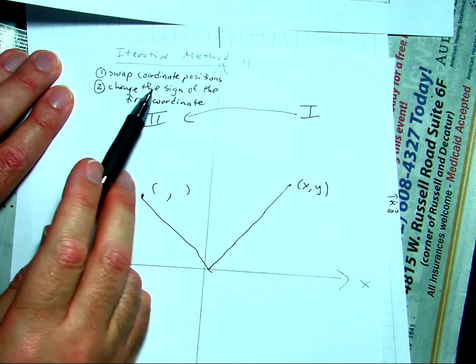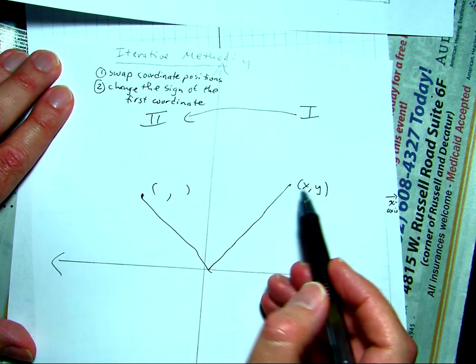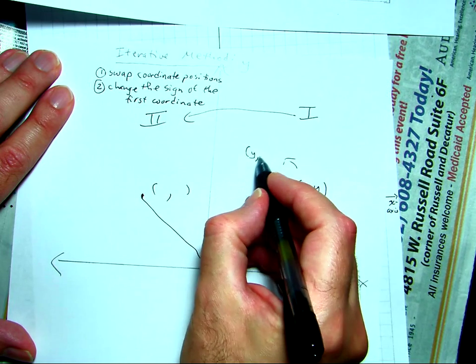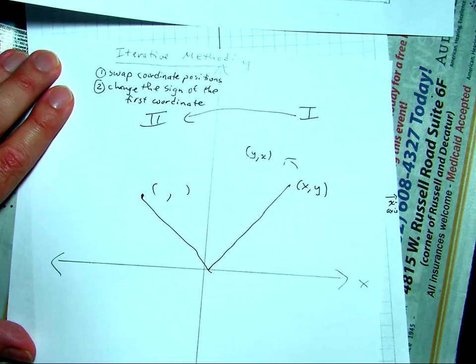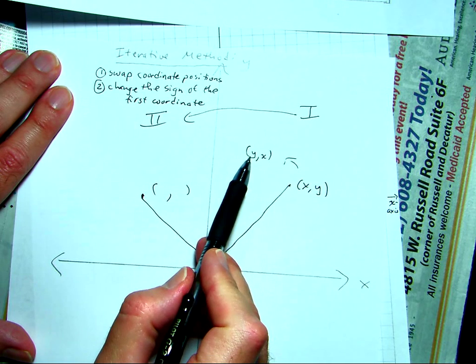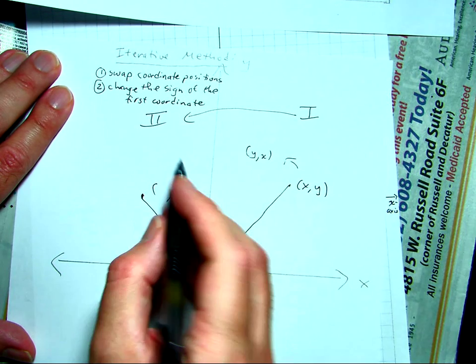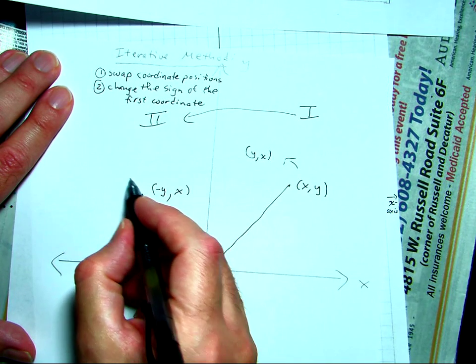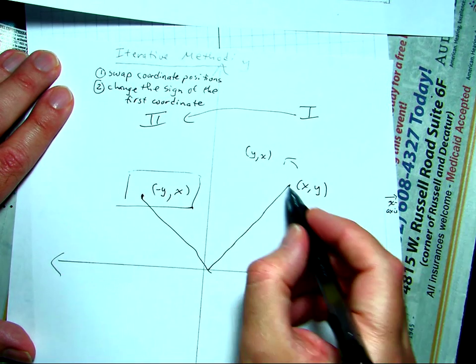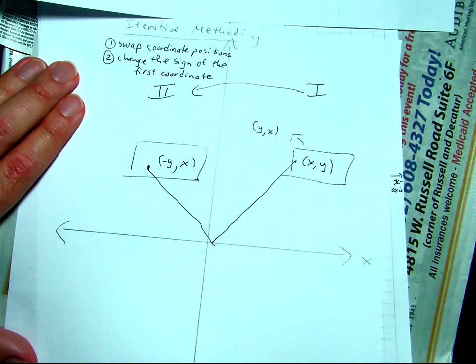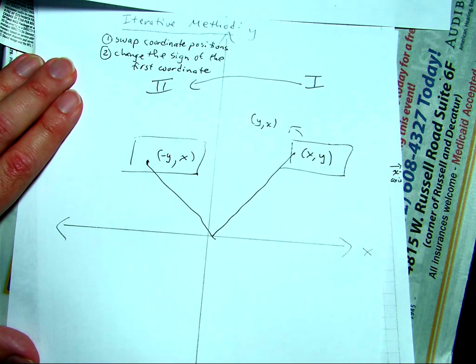First, you swap the coordinate positions, so that means x, y, an intermediate step, becomes y, x, right? We swap the coordinate positions, but that's not the answer yet. The second step is to change the sign of the first coordinate, which is now y. So if we change the sign of the first coordinate, we get negative y comma x. And that's the coordinates in the second quadrant after you've rotated it 90 degrees.